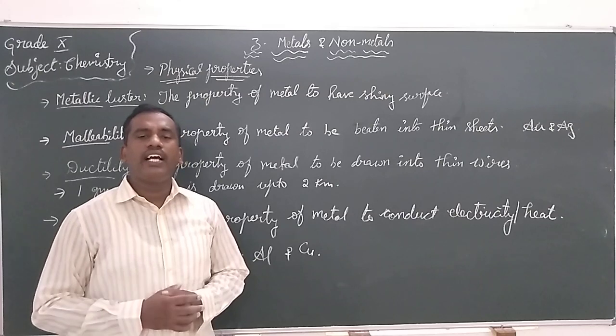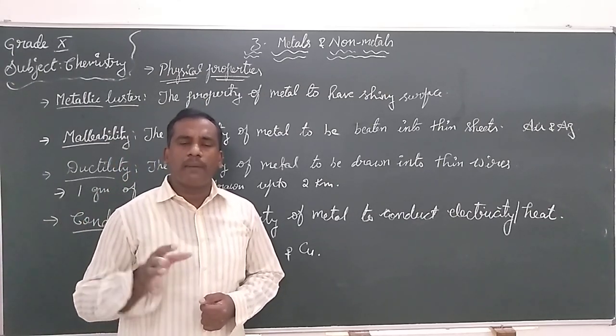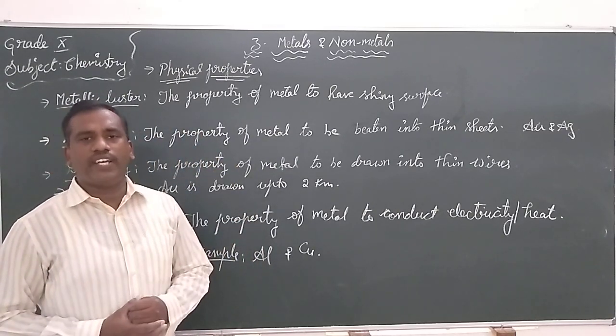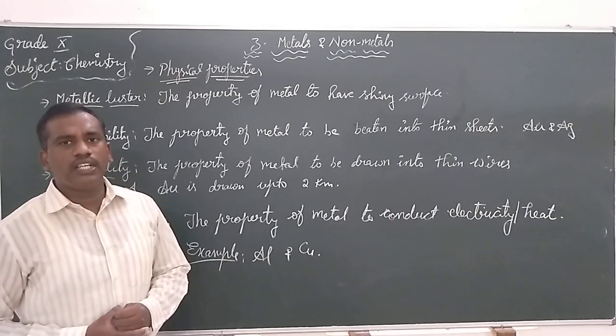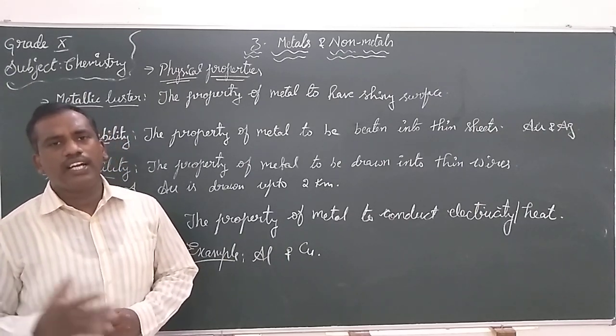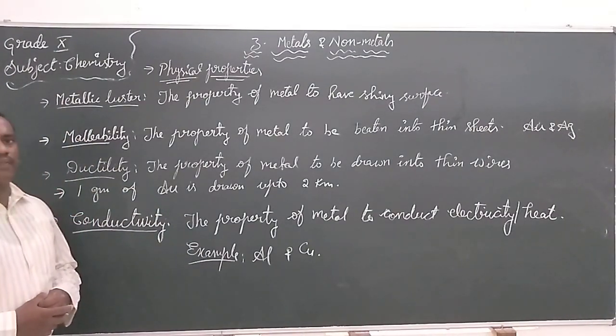So the property of a substance to have a shiny surface is called the metallic luster.